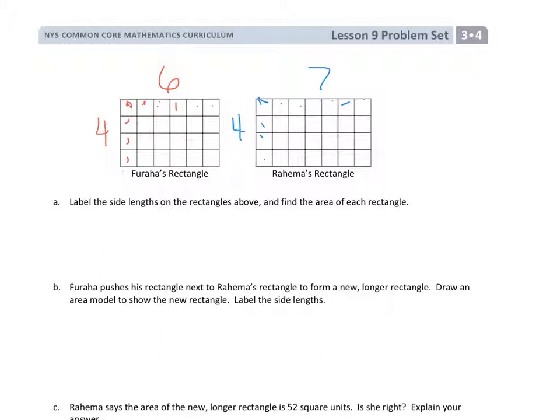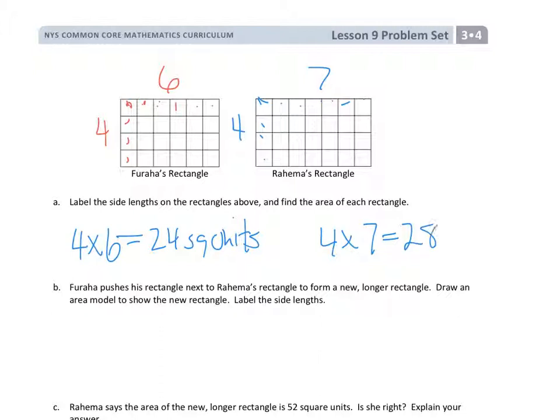So the area for each is a pretty simple multiplication sentence. 4 times 6 equals 24 square units. Ooh, I should have done that in red. That's okay. And the other one is 4 times 7 equals 28 square units.